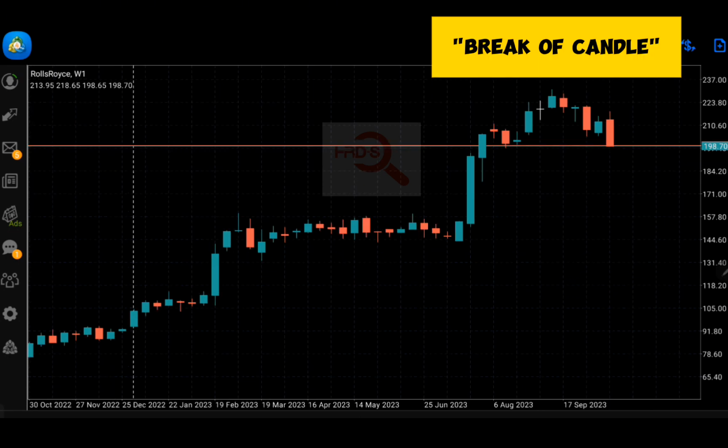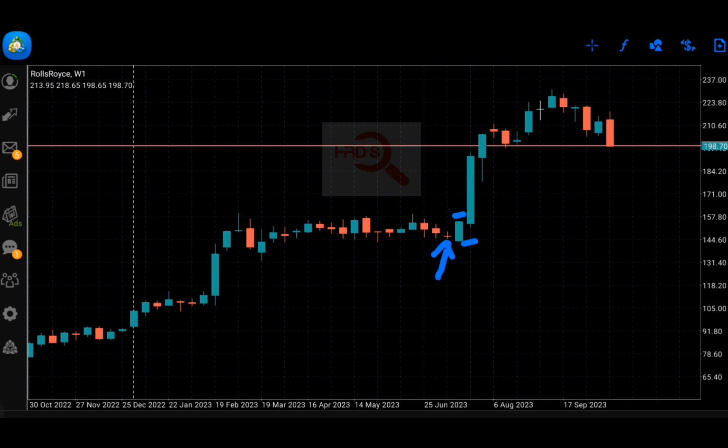What do I mean by break of candle by a previous candle? Look at this candlestick, and then the next thing, an opposite candle, which is the bullish people. Now they came above this last red candle. They call it engulfing candle, but I don't want to start using all of those terms.